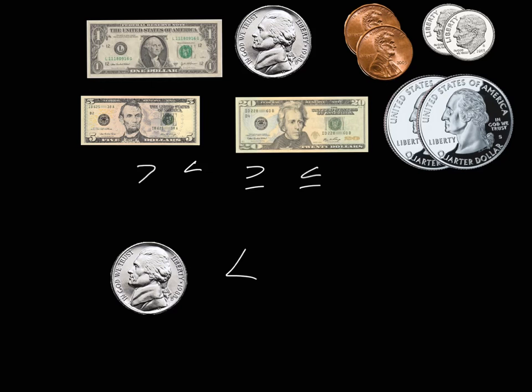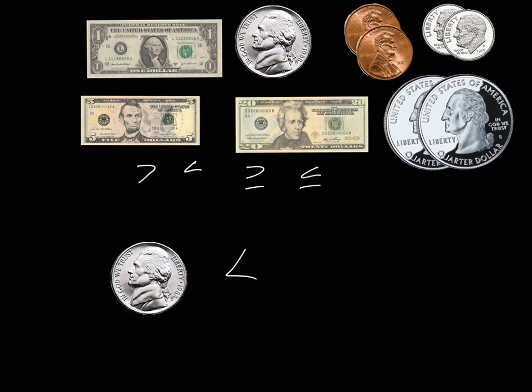What this sign means is that the nickel is less than something that's over here. So we can go through all of these possibilities up here and put over here whatever is worth more than a nickel.